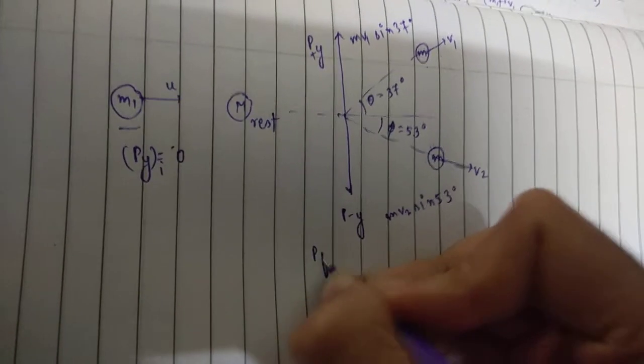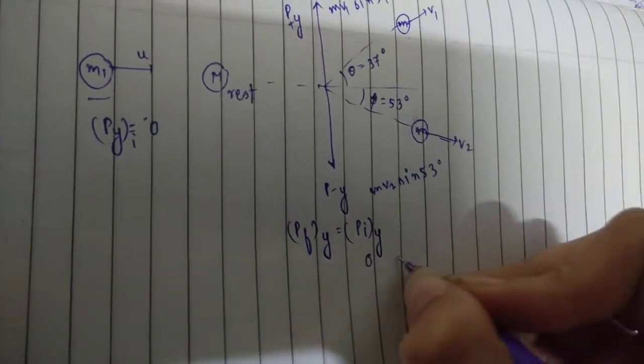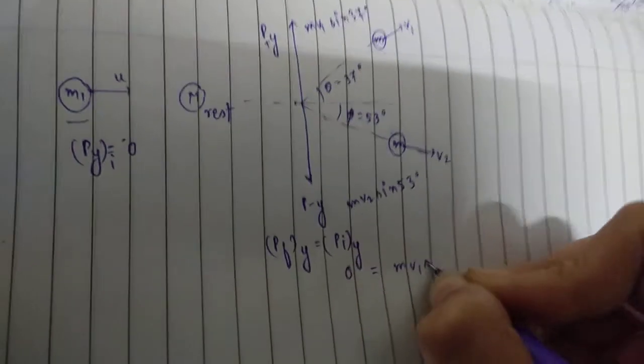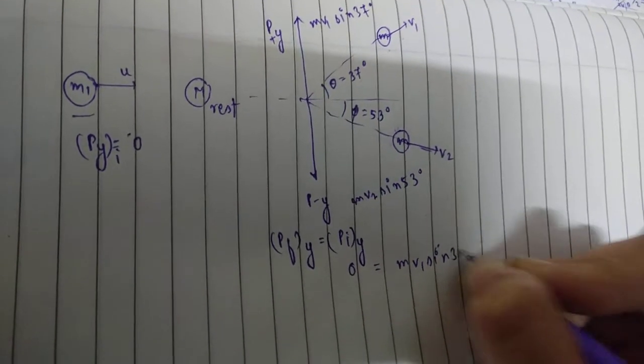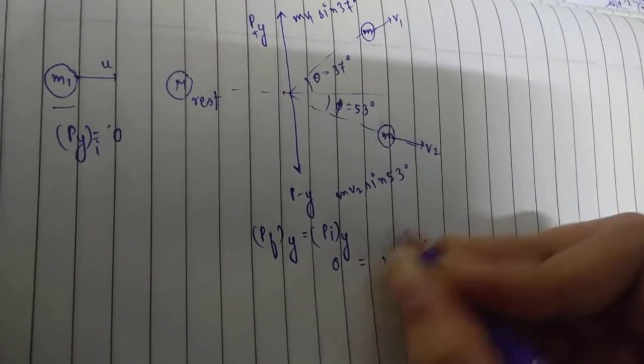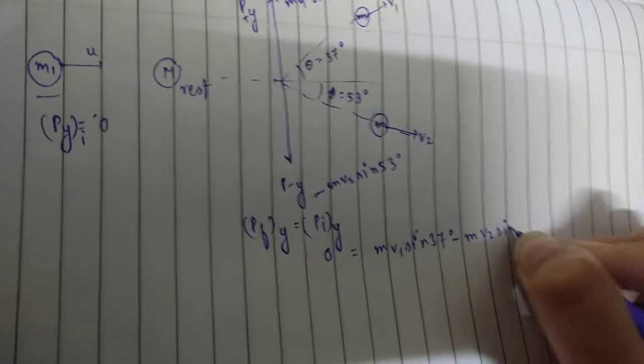So I can write p final in the y direction is equal to p initial in the y direction. Initial is 0 and final I am writing here mv1 sine 37, and it is minus, because it is in the negative direction, so it will be minus mv2 sine 53.